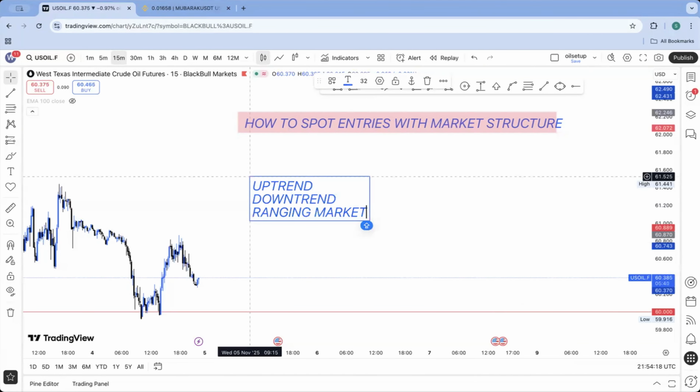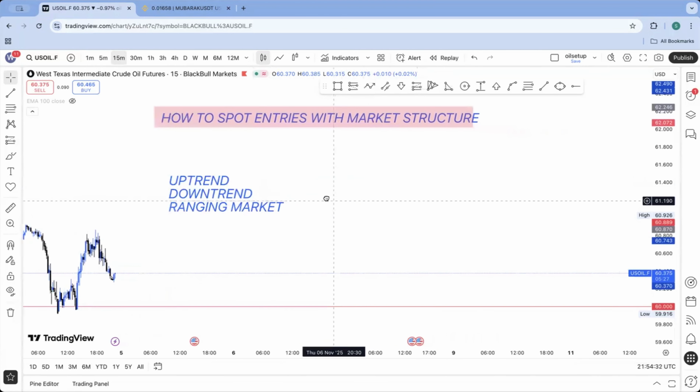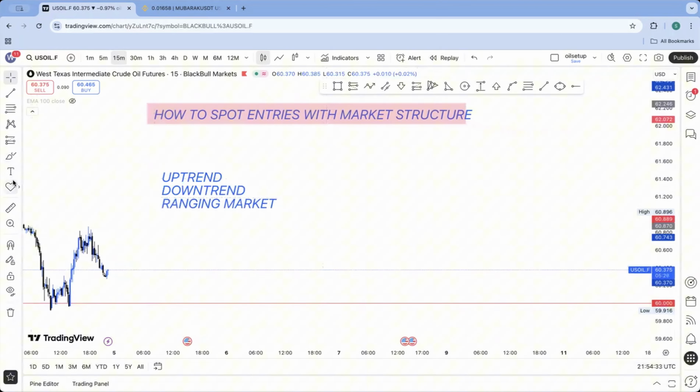Or you can also call it consolidating market, or market moving sideways. All right. So now let's look at how to identify them.